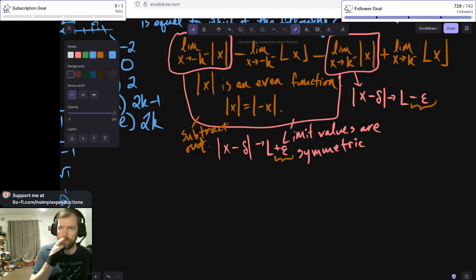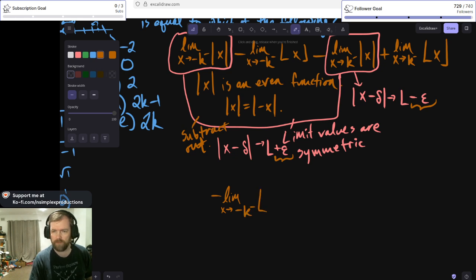All right, so to do the rest of these, we have this: negative limit as x goes to negative k from the negative side of floor x, plus limit as x goes to k from the negative side of floor x.